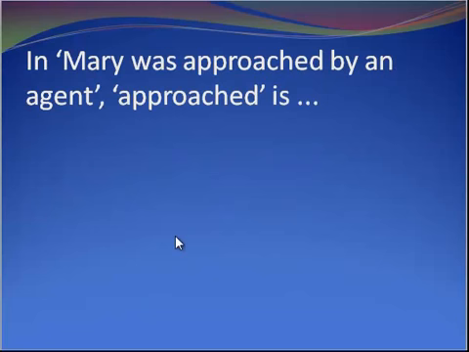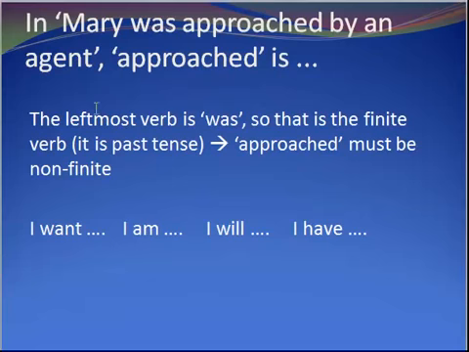And Mary was approached by an agent. What's approached? Well, first we start again thinking how many verbs? Well, there's was and approached, so two verbs. So the leftmost one is the finite one, so that must be was. Now you could say yesterday Mary was approached, so it's past tense. Present tense would be is approached.